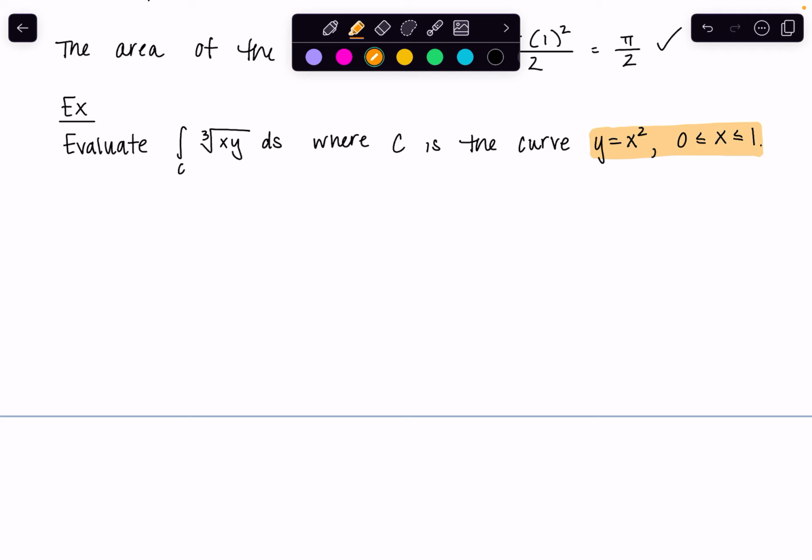Okay. So to guarantee I'm on the parabola, we're going to let r of t be the function where my x is t, which means your y has to be x squared, so t squared. And since x is just being replaced by t, my t is varying between 0 and 1. Okay. So this guarantees I'm on that curve.